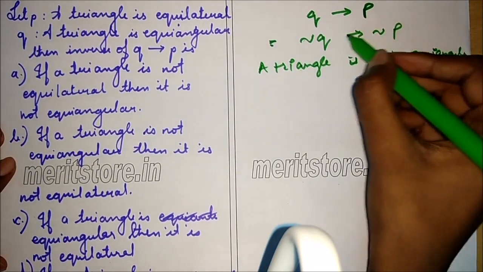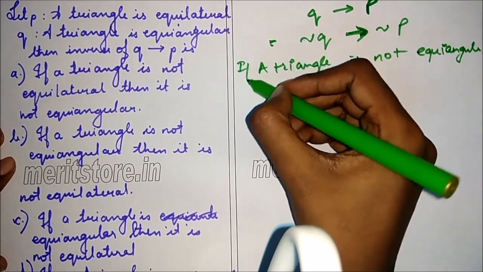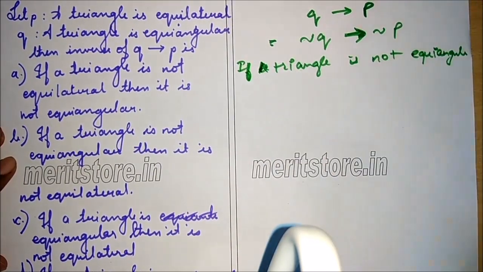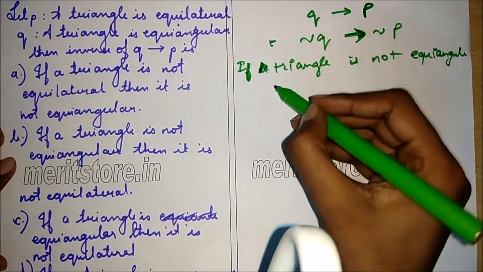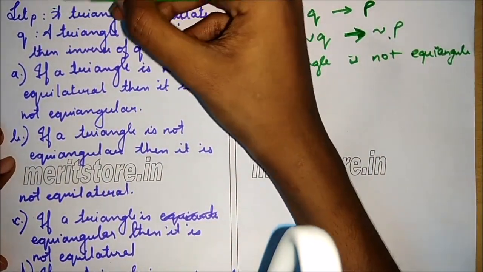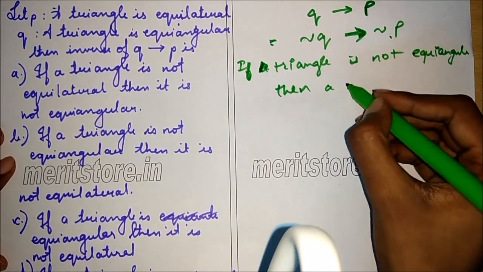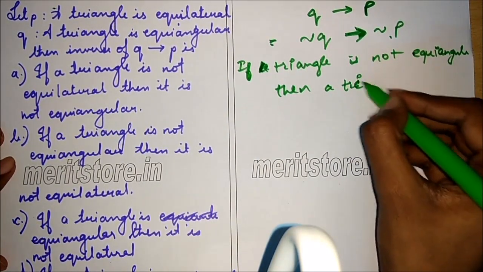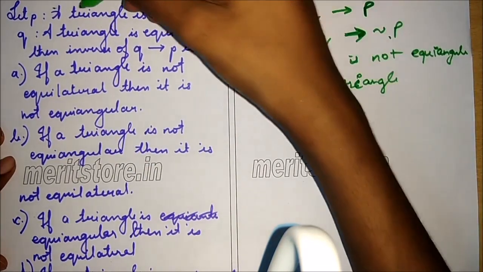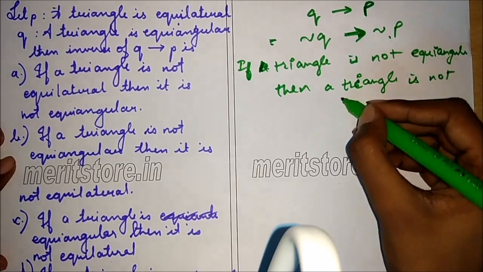Since we are using an if-then condition, that is a conditional statement, we'll start with if. So if a triangle is not equiangular, then negation of P. P is a triangle is equilateral, so negation will be a triangle is not equilateral.